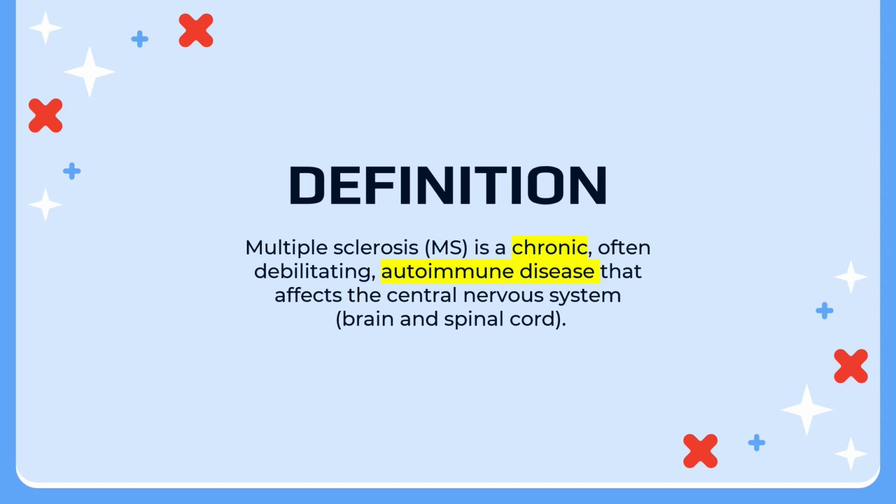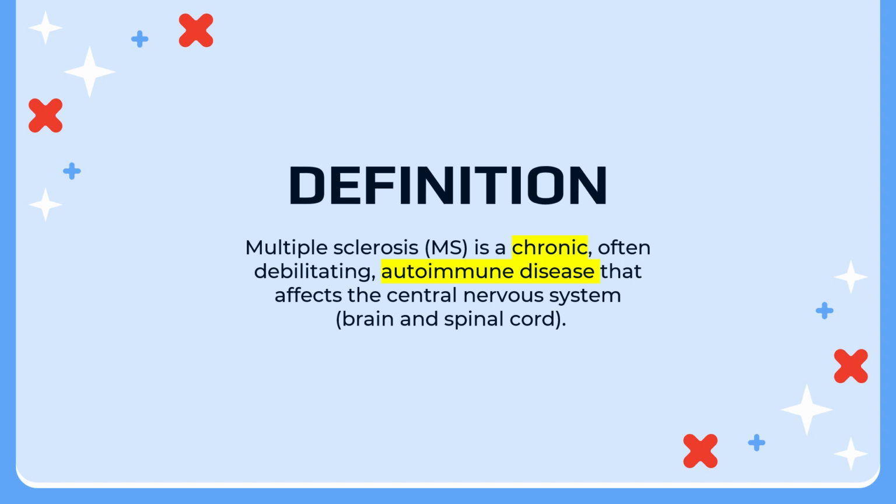So, what is very important to understand is what is multiple sclerosis. See, it is a chronic, often debilitating autoimmune disease that affects the central nervous system. Our central nervous system, as you know, is composed of the brain and the spinal cord. So, what are the highlighting factors here? That it is a chronic disease, and the worst part is it is an autoimmune disease.